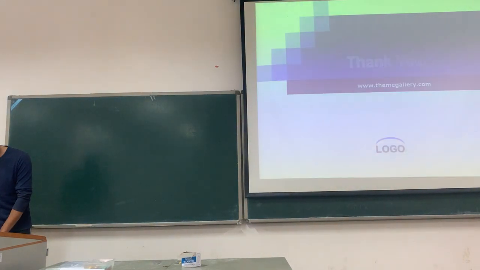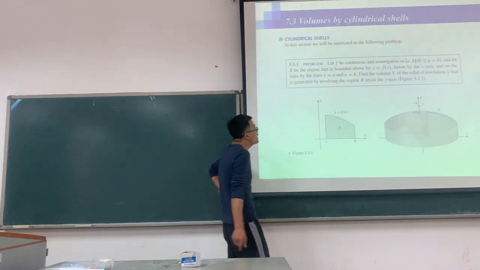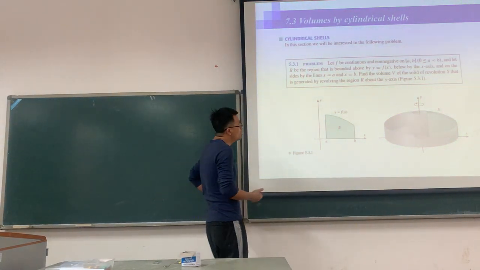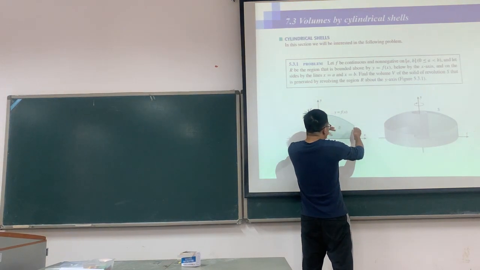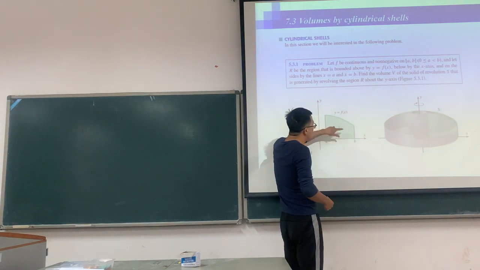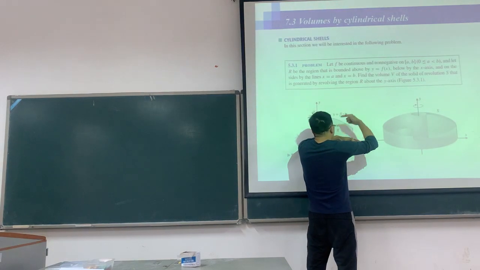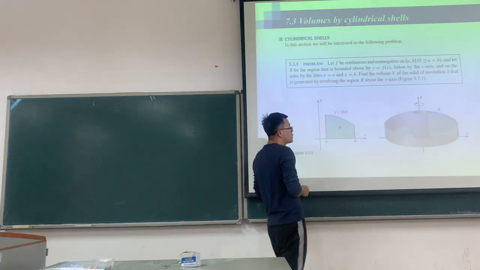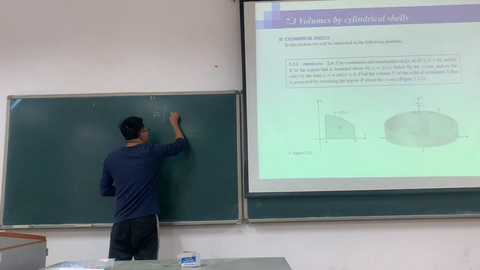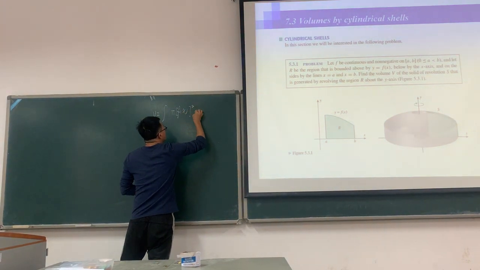And in this class we will introduce something similar. Here y equal to f(x). If this region R is revolved about the x-axis, we have the volume V equal to the definite integral of pi f(x) squared from a to b.